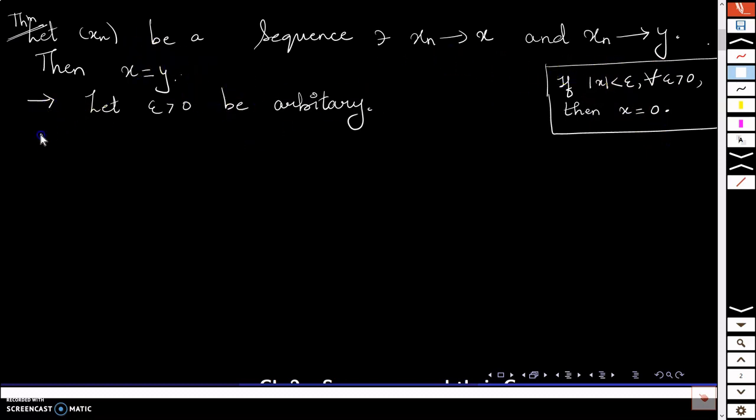Now xn converges to x, it's given to us.